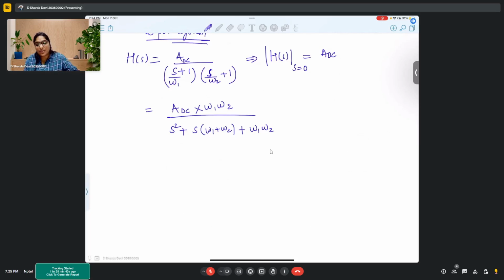So this is how your transfer function will look like. So the common way of representing a two-pole system, common two-pole system representation.